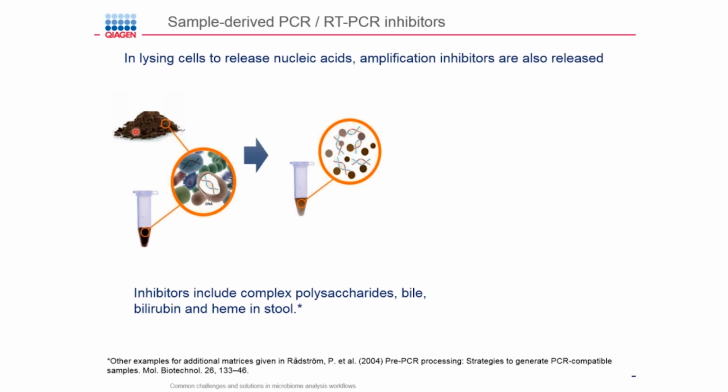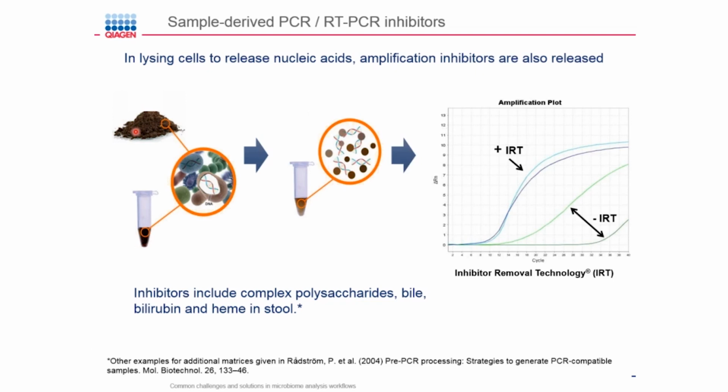In stool, for example, you can have hematin. Hematin is coming from blood and is perfectly complexing 2 times positive ions like iron, which is its job, but it's also doing exactly the same for magnesium. So this is also affecting the PCR by complexing your magnesium.